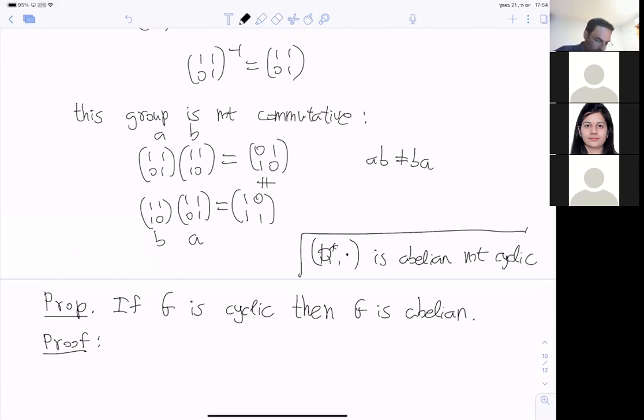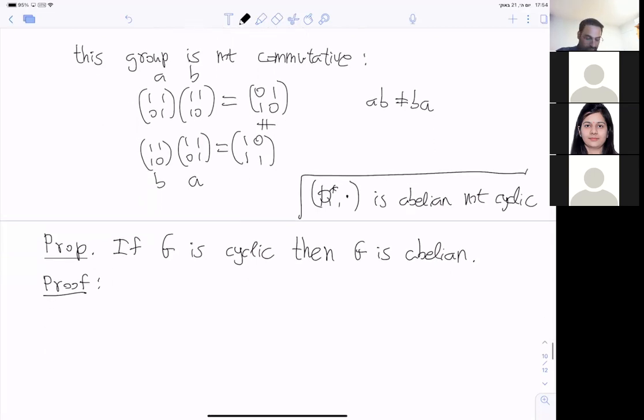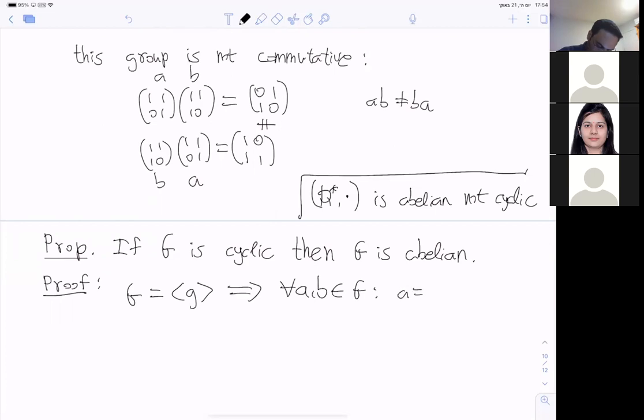Okay, so the proof is very simple. If G is generated by a single element g, then any a and b in G are such that a is some power of g, and b is another power of g. So what is ab?